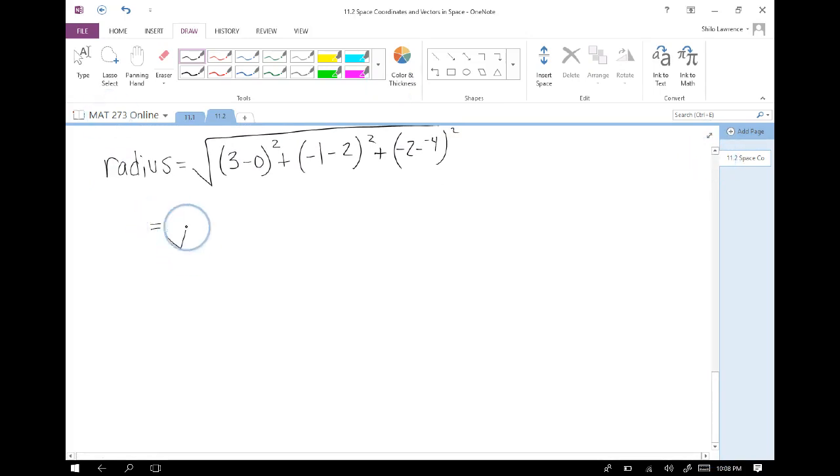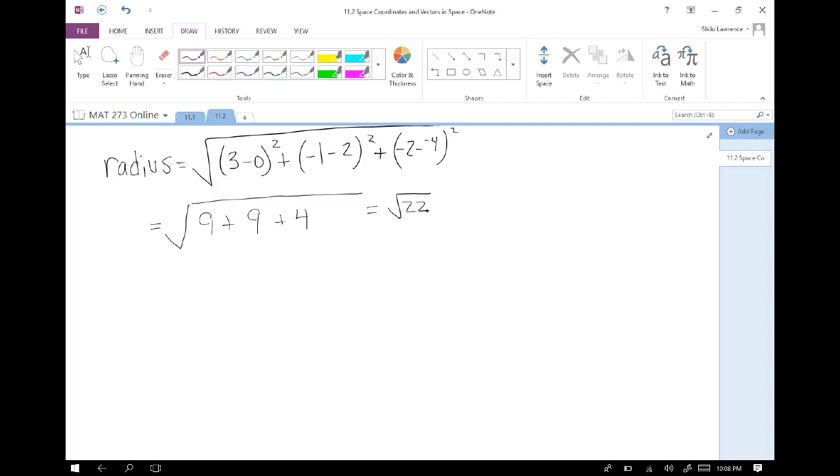And some quick little calculations, and we get 3 squared, which is 9, -3 squared, which is again 9, and then here -2 minus a -4 simplifies to -2 plus 4, which has a final result of just +2, and that value squared is 4. So we get the square root of 22. We are not going to change that to a decimal. We're going to leave it exact.